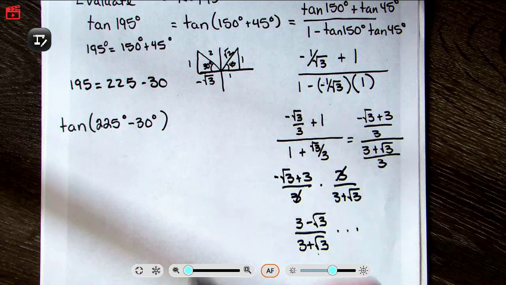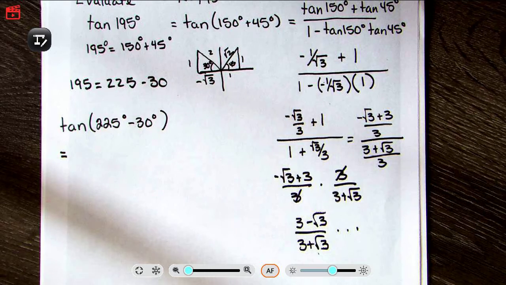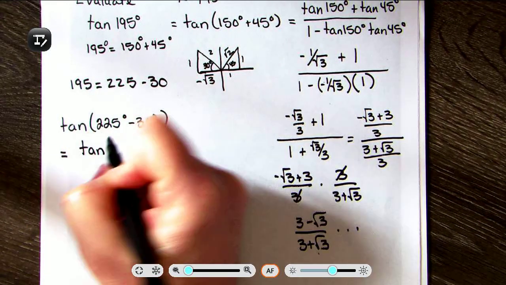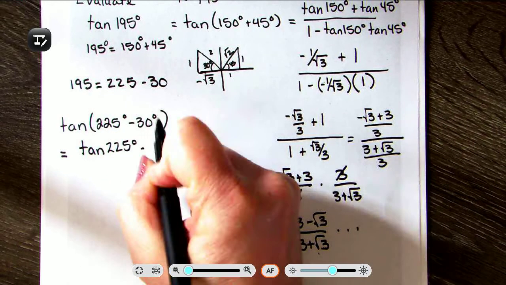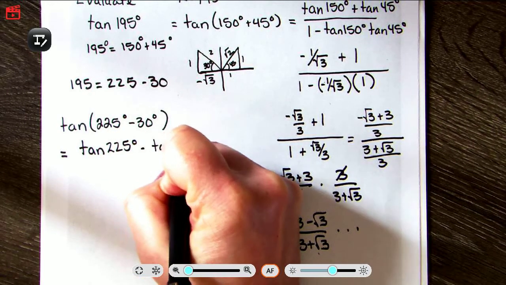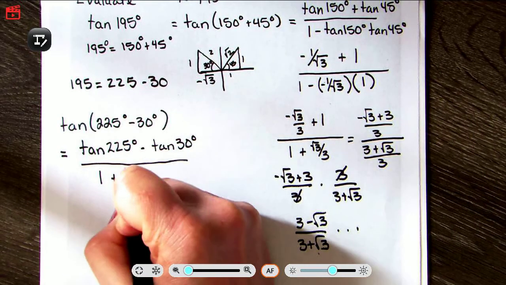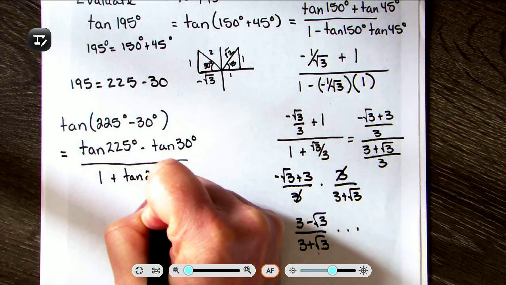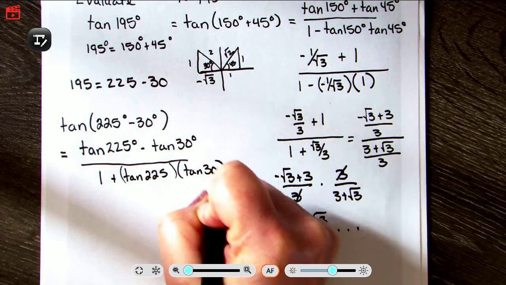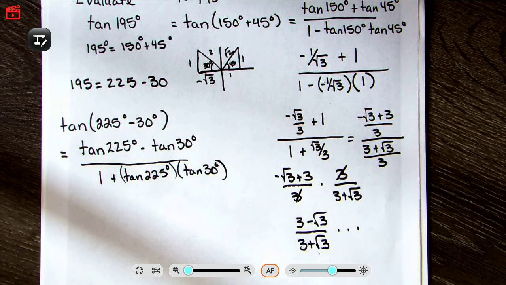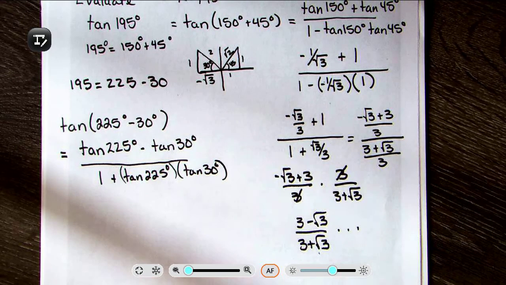Now going into my difference formula, and I'm pulling this right off the sheet, this is going to be the tangent of 225 degrees minus the tangent of 30 degrees, all over 1 plus tangent 225 times the tangent 30. And those should be little degree symbols in there. All right. Now we need two different triangles. We need that 225 degrees.